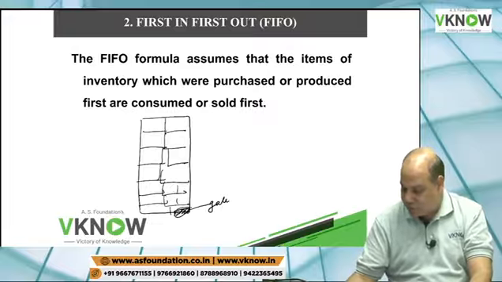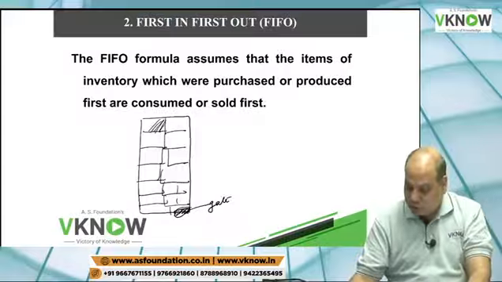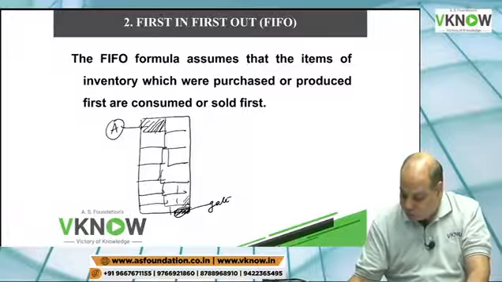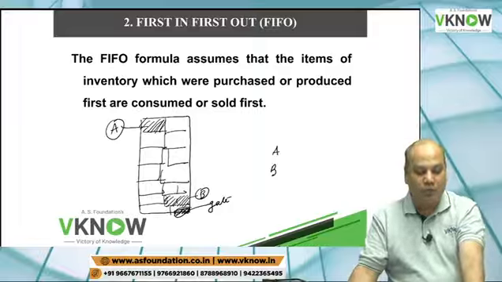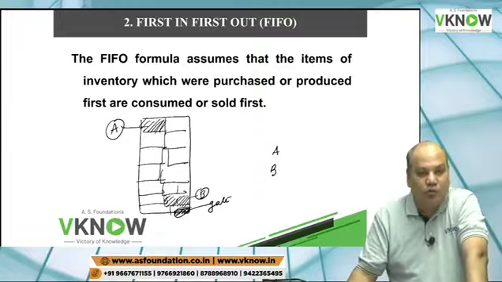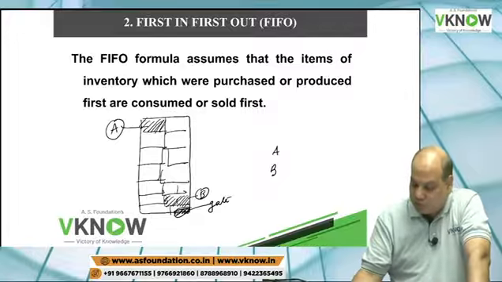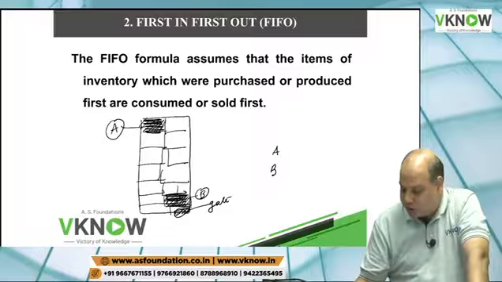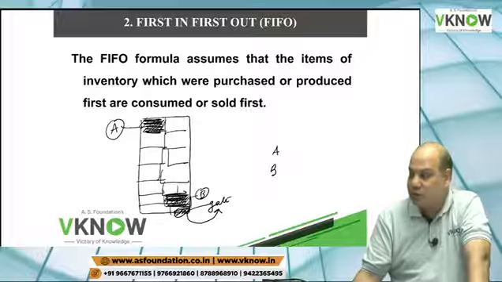This is the gate, and you have to issue the goods. Will you issue this good, which I will call A, or will you issue this goods, which is near the door, that I will call B? So students will answer, if I am following FIFO method in my godown, whether I am going to issue goods from A or goods from B, which is near the gate. Please reply fast to check your intelligence.